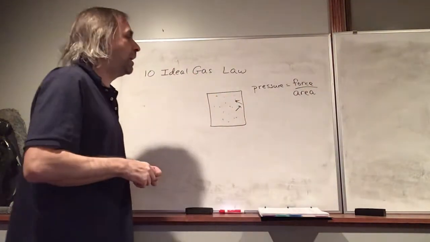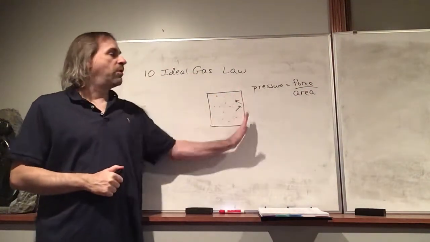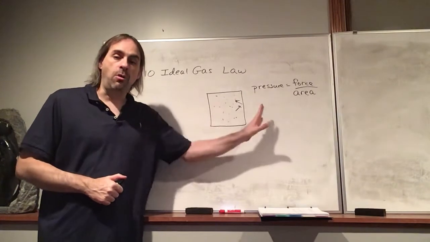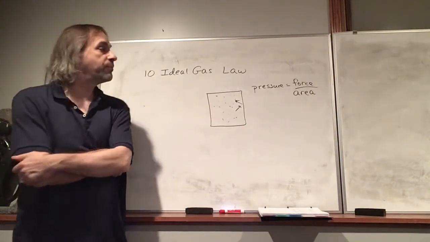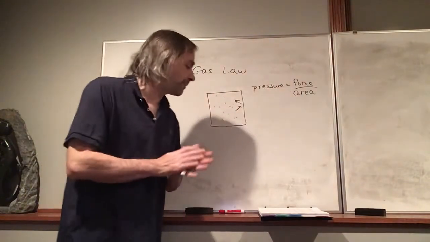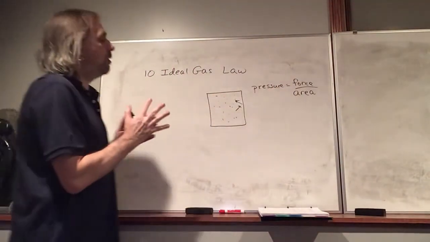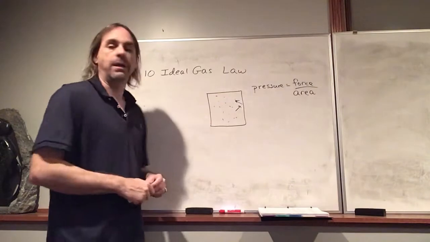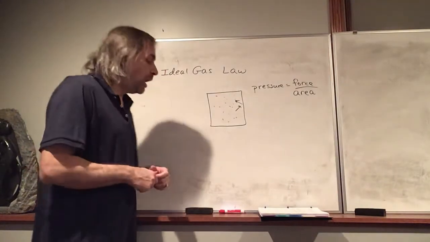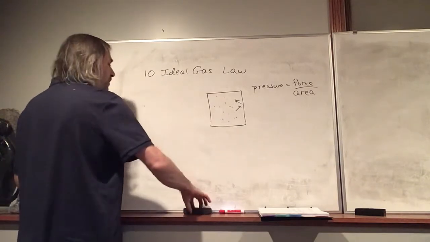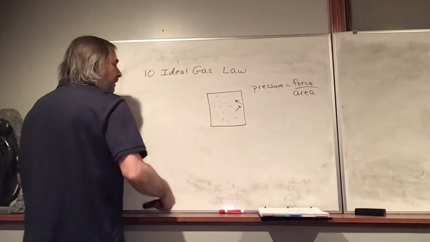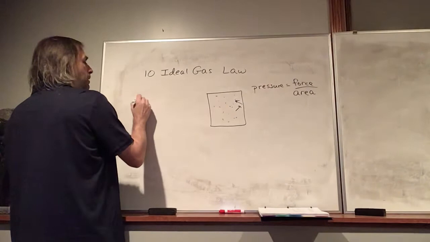There's a total force on this wall due to all of these collisions, and if we divide by the area, we get pressure, measured in newtons per meter squared. So that's one property of this gas: pressure. Another question: what does the pressure of the gas depend on? Let's look at that.